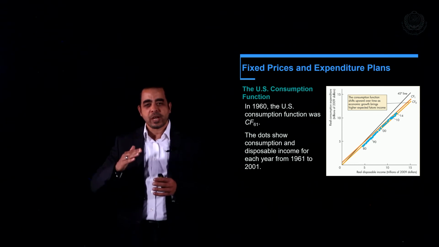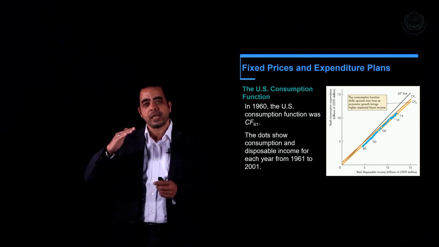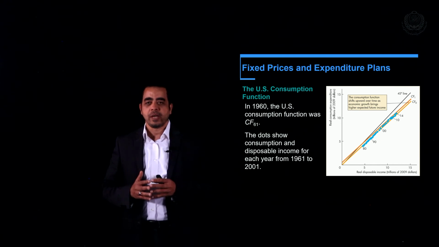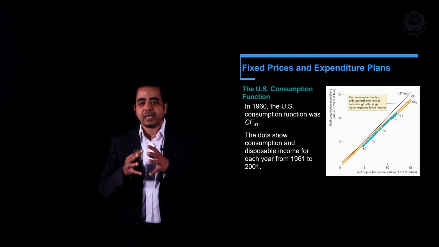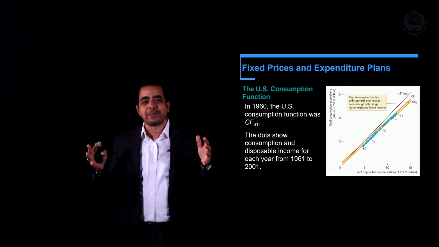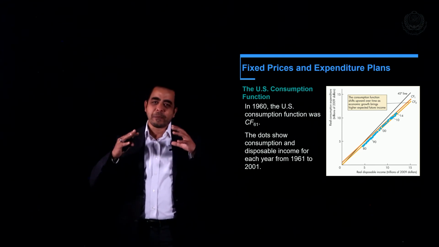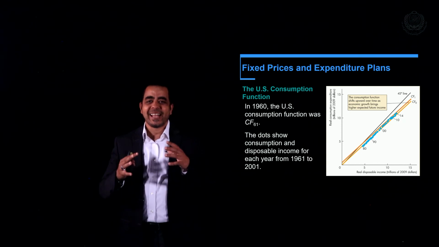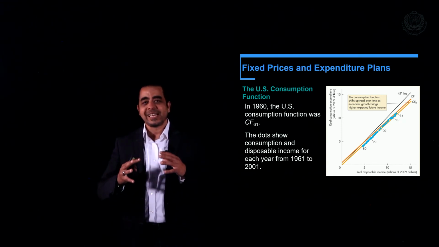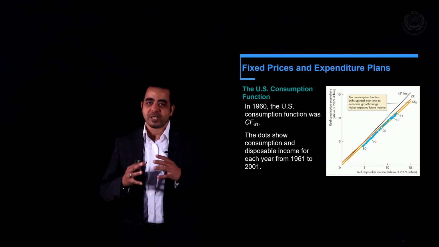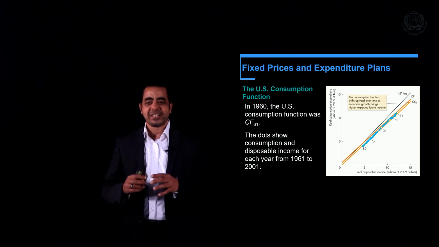Why did this shift happen, especially in the early beginnings of the 21st century? Because the American economy had a long period of expansion that made people more optimistic and have a higher expectation about their income in the future, and this encouraged them to make more consumption and less savings.